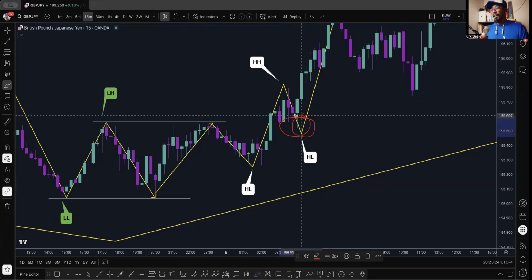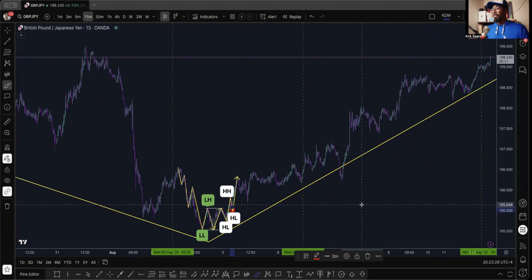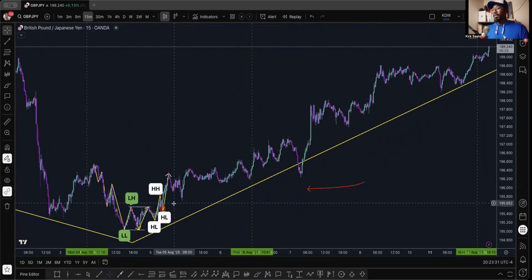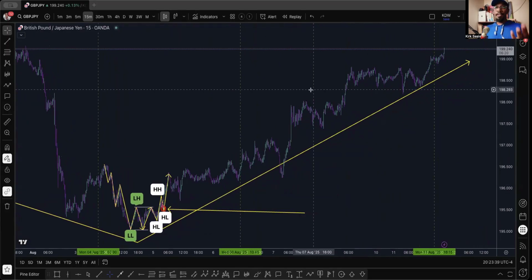So if we bought right here, we would have been in the trade at this point. And you guys see what the trade did. Does that make sense? Is that practical?